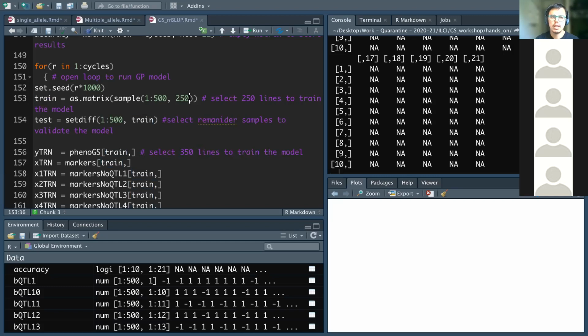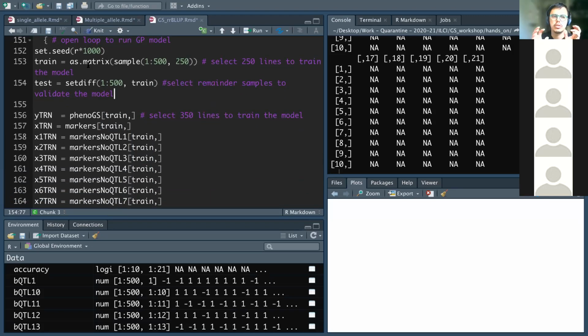I'm gonna select 250 individuals, so I'm gonna use 50% of the population to estimate the allele effects in every single locus, and then the remainder individuals in the population are gonna be used as testing to test the model.